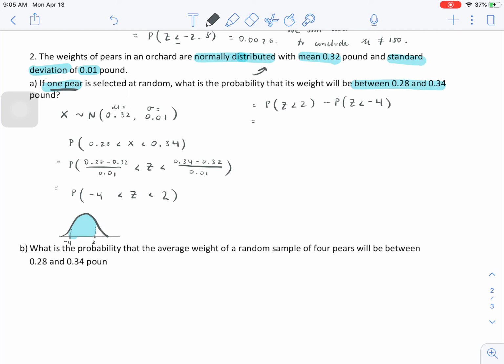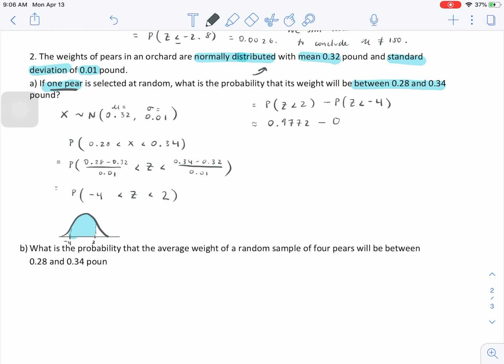I can look up these values on my table. The area to the left of 2, according to my normal table, is 0.9772. And the area to the left of -4, -4 is a very negative, very small z-score, so I can approximate the area to the left, since it's not on my table, with 0.